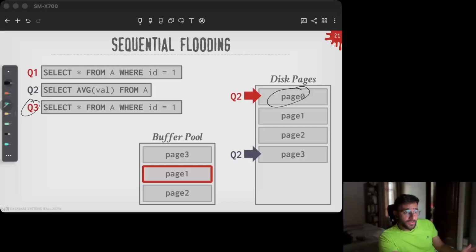It would have been beneficial if page 0 was in memory, but it is not, because it was thrown out by the sequential scan in the statement above. So these sequential scans on the whole table can pollute your buffer pools.